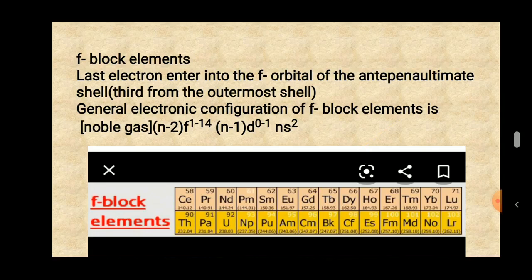For f block elements, the last electron enters into the f orbital of the antepenultimate shell. Antepenultimate means third from the outermost shell.